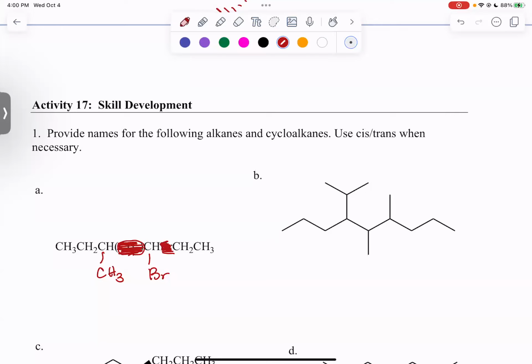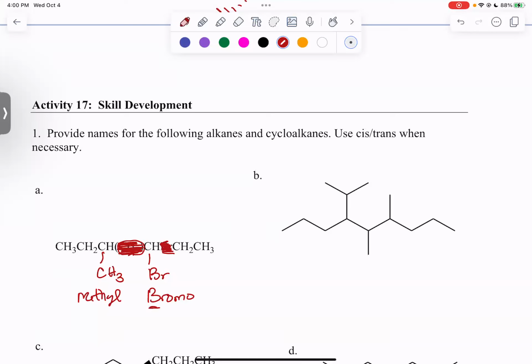So now I want to number them. Do I want to come in from the left or do I want to come in from the right? They're both on the third carbon in. So now I got to pick which one's lower, which one's alphabetically better. So this is a bromo group. This is a methyl group.